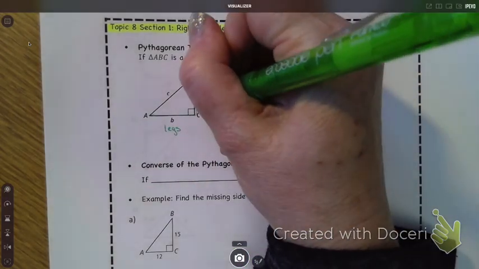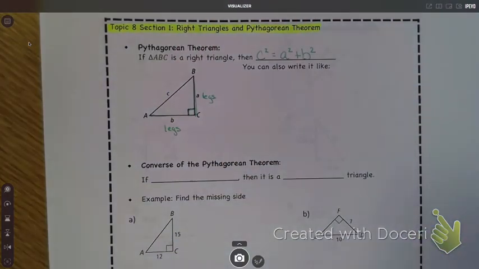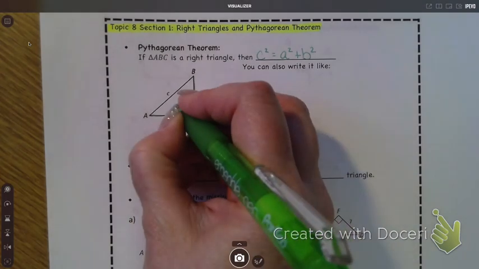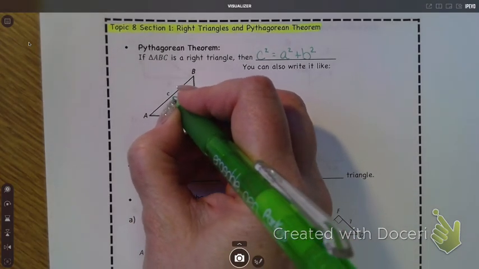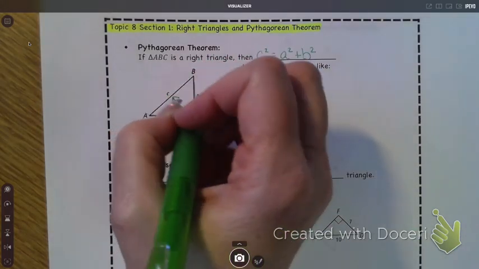A 90-degree angle. It really doesn't matter which leg is A and which leg is B. But C is the, what did we call it before? Hypotenuse. C is the hypotenuse, and it is across from the right angle.